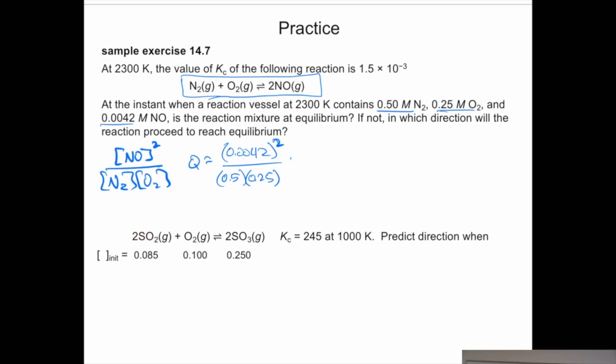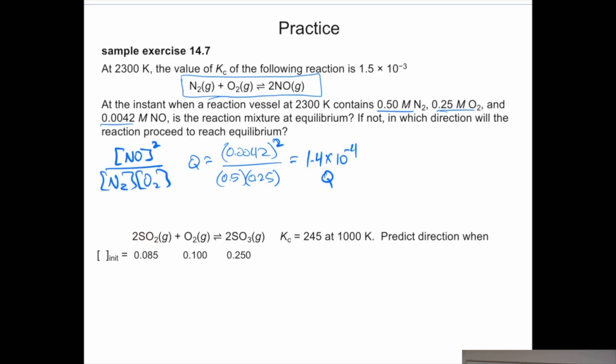That's what Q is. What do you get for Q? 1.4 times 10 to the negative fourth. That's Q.